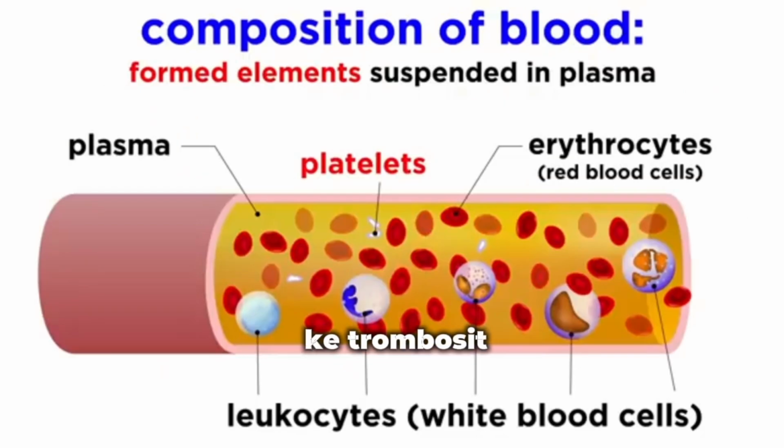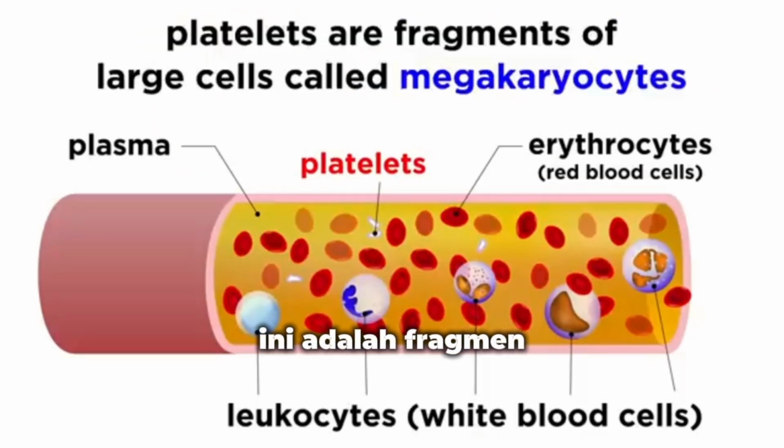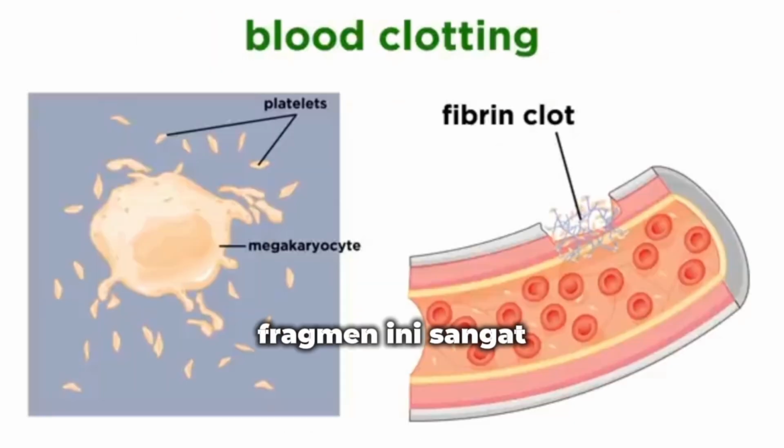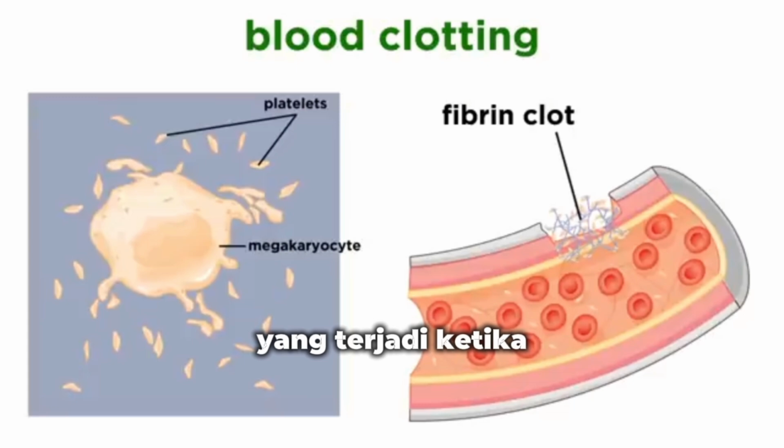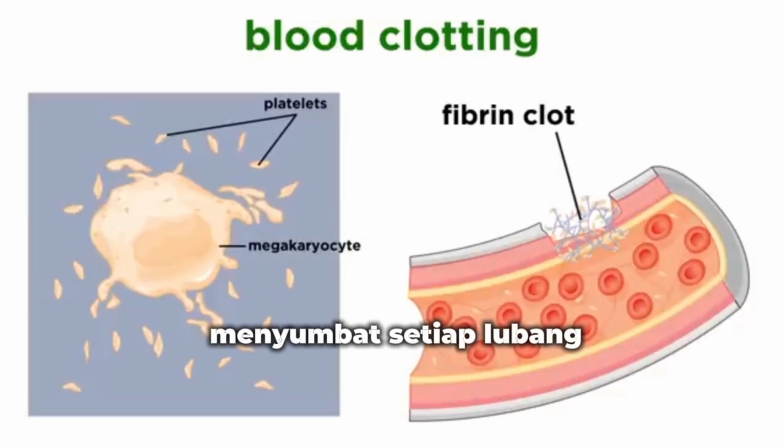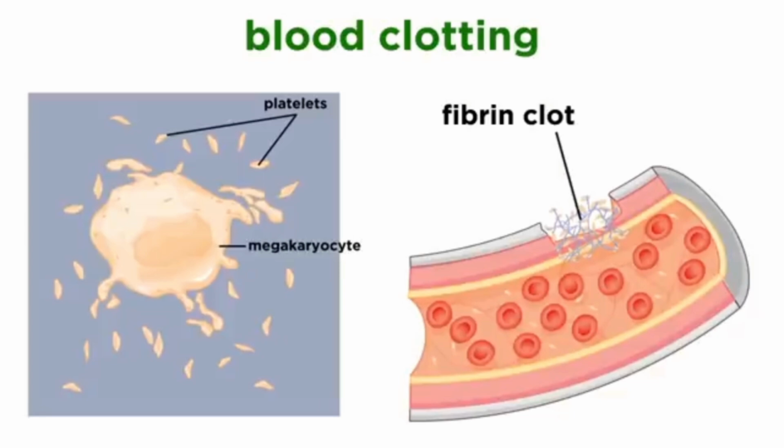Lastly, we get to the platelets. These are fragments of large cells called megakaryocytes. These fragments are essential during blood clotting, which happens when blood vessels are damaged, as platelets can plug up any holes or tears to seal things off.